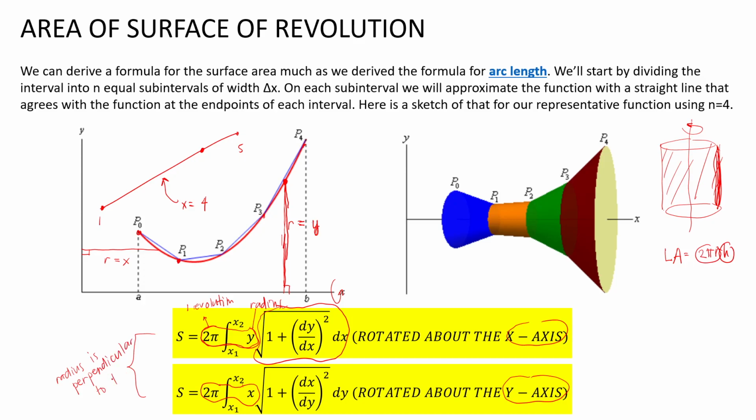Perpendicular to the axis of rotation. I think it's the same as the volume. The vertical strip is perpendicular to the axis of rotation. The same goes with the horizontal strip. It's perpendicular to the y-axis because that is the axis of rotation.